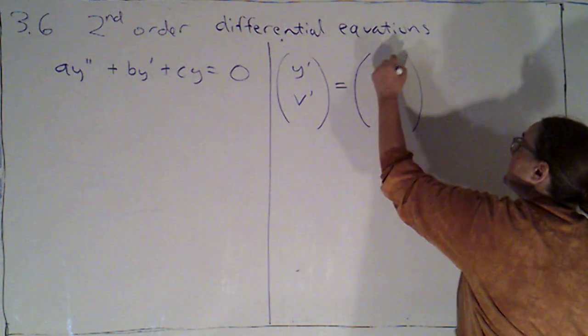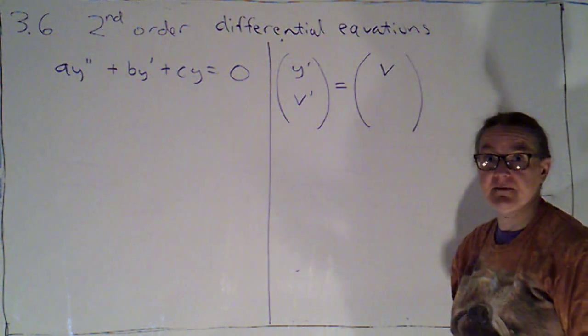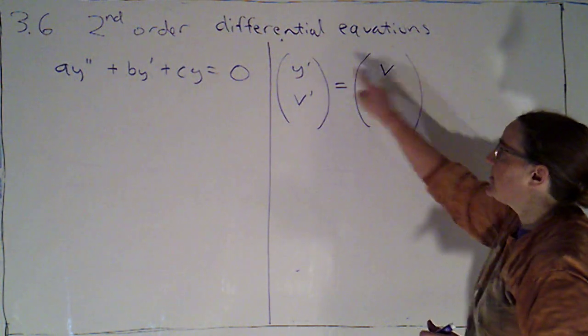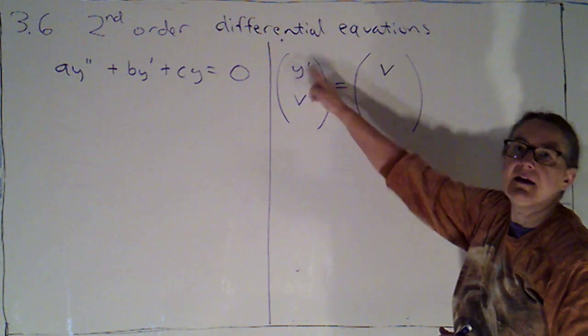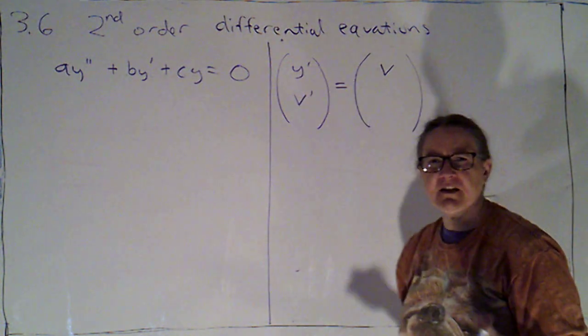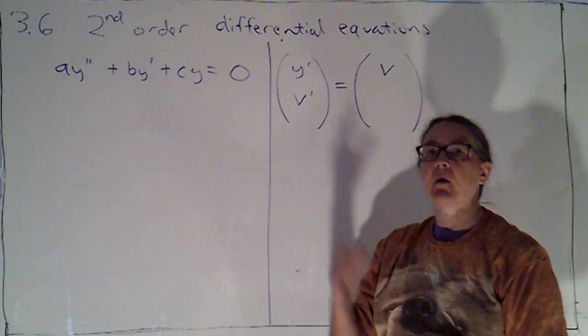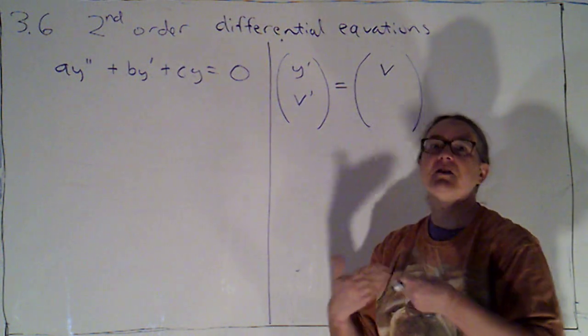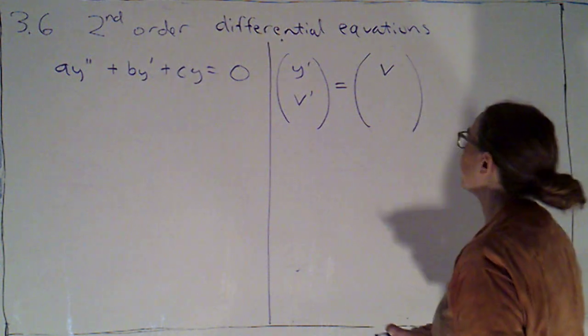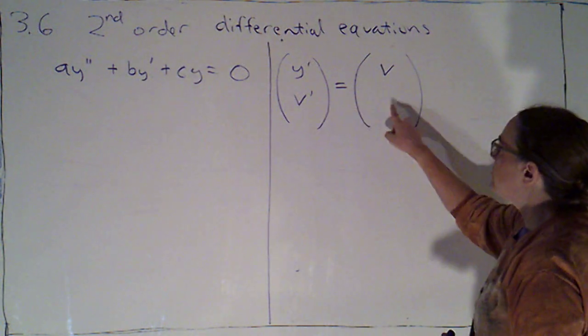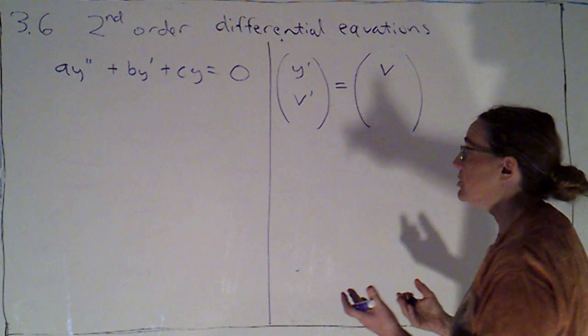Y prime is just V. Okay. So we say V is going to be the first derivative of Y. And of course, the reason we call it V is because we're thinking in terms of the harmonic oscillator, where Y was a position function, and so its derivative is velocity.